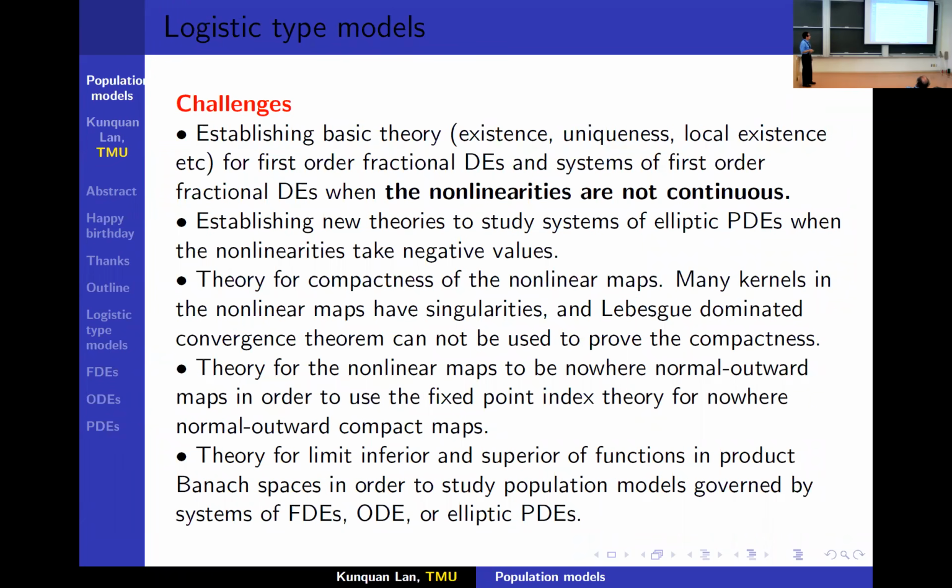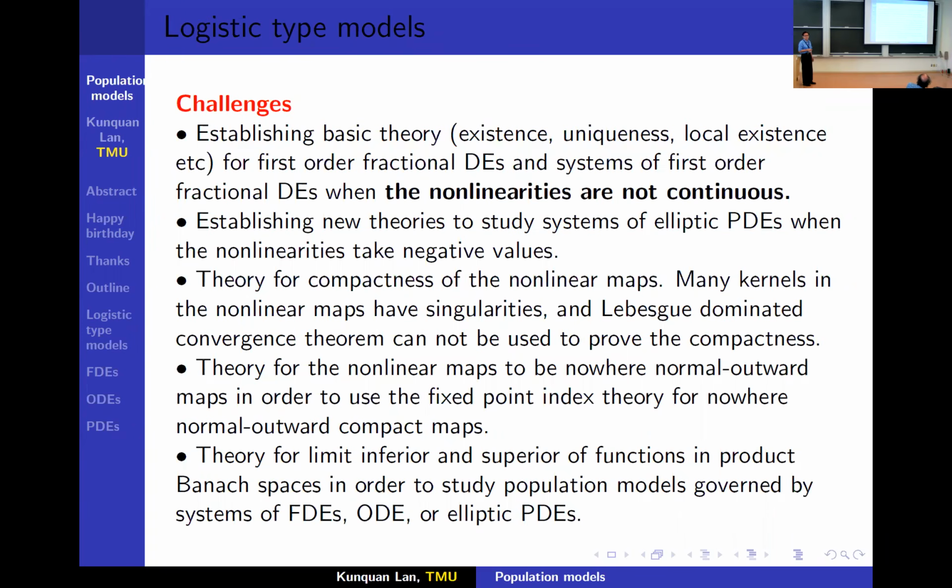Another one: everybody is familiar with the limit infimum or supremum. You know the definition, usually in R^1. But if you go to a product Banach space, there's a challenge in how you can use that. People usually make a mistake by using the idea from one dimension.